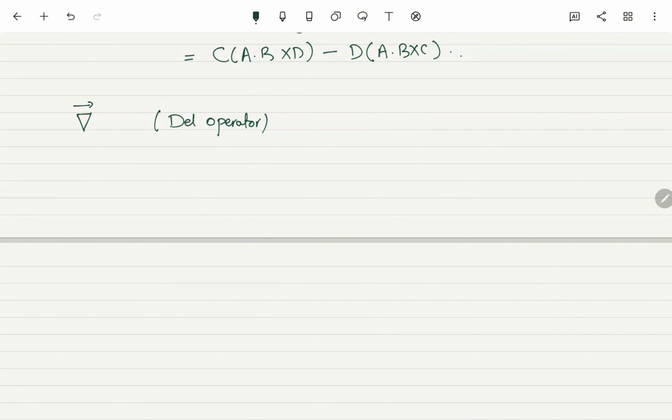Now this del operator is equal to partial x i hat, partial y j hat, partial z k hat.